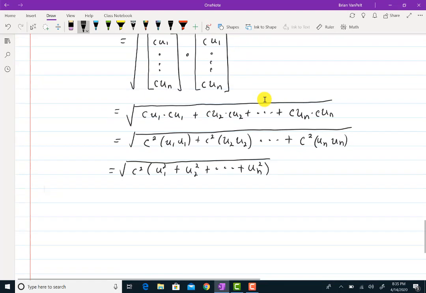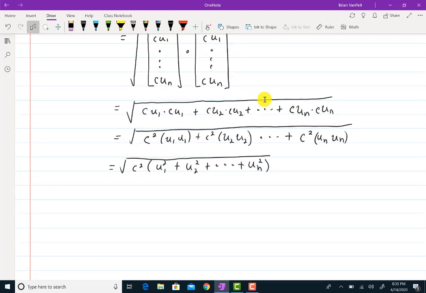Now, all these numbers inside of the square root are non-negative, so I can break this up into the following. I can pull the c squared out, and then I can leave the rest of the stuff behind.